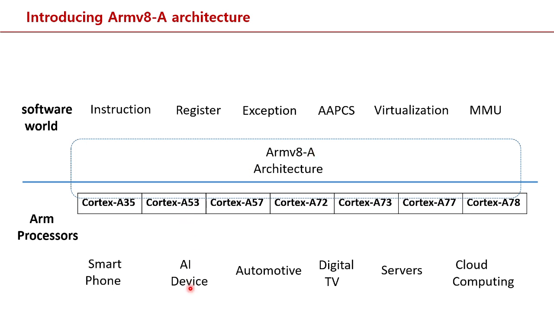And another product is AI devices. Many of the AI devices are based on Cortex-A78 and Cortex-A77. Especially in the automotive sector, many ARMv8-based processors are used in a number of units, especially in the infotainment system.